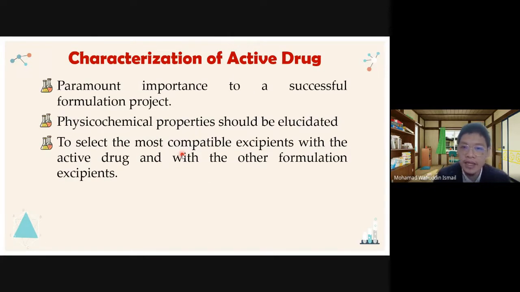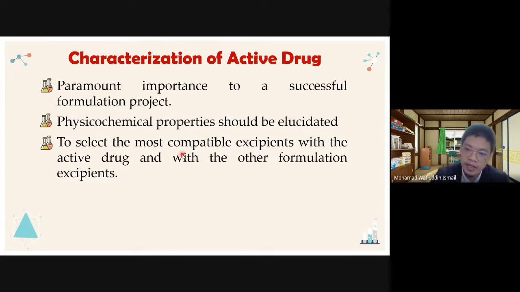Then the characterization of the active drug is of paramount importance to a successful formulation project. Physical and chemical properties should be elucidated, to select the most compatible excipients with the active drug and with the other formulation excipients.